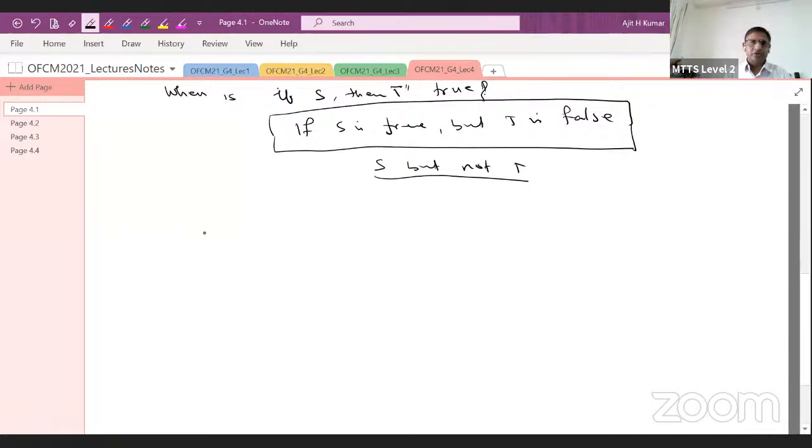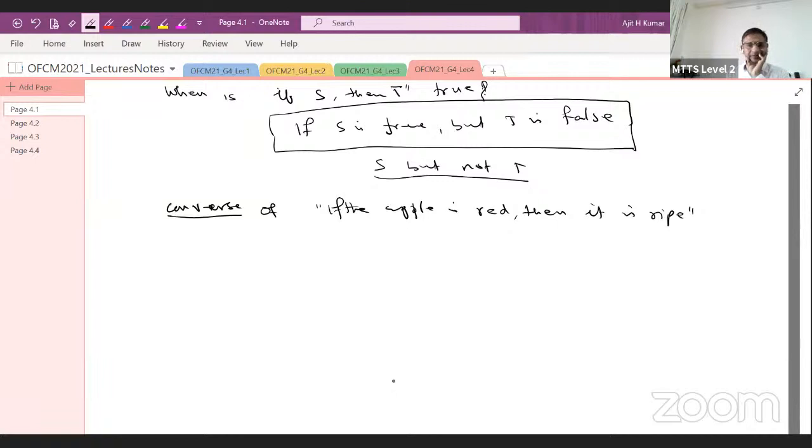So what will be the converse of this statement? If the apple is red, then it is ripe. What is the converse of this statement?